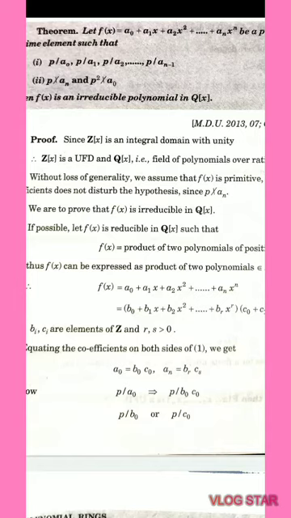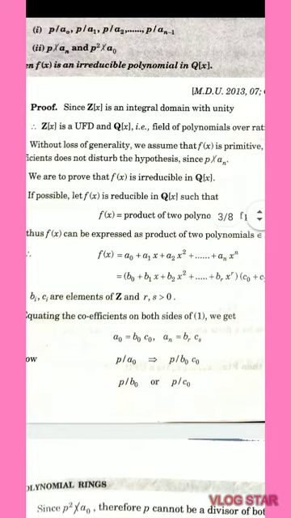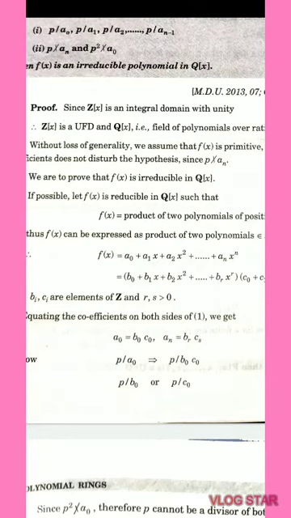Therefore, Z[x] is a UFD and Q[x], the field of polynomials over the rationals, is its quotient field. Then we can assume that f(x) is primitive, because taking out the GCD of the coefficients does not disturb the hypothesis that p does not divide an. We are to prove that f(x) is irreducible in Q[x].